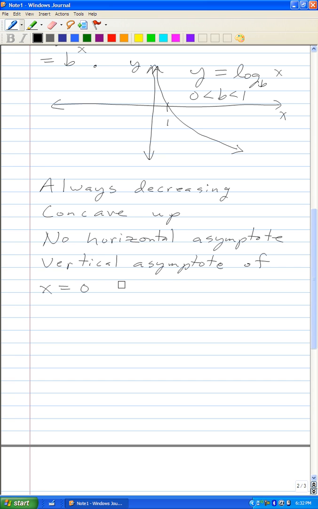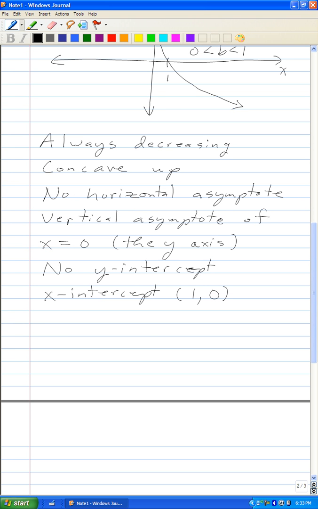It has increasingly larger and larger values of x. It has no y-intercept, and it has the x-intercept (1, 0). Again, this corresponds to the exponential function having a y-intercept at 1.